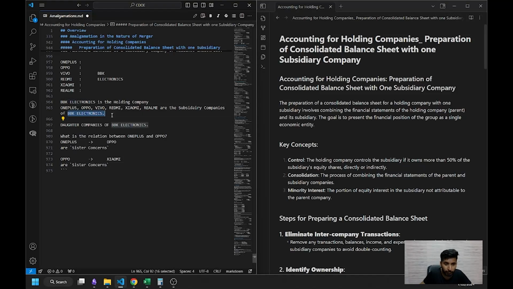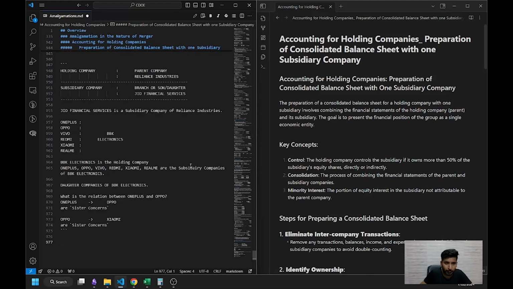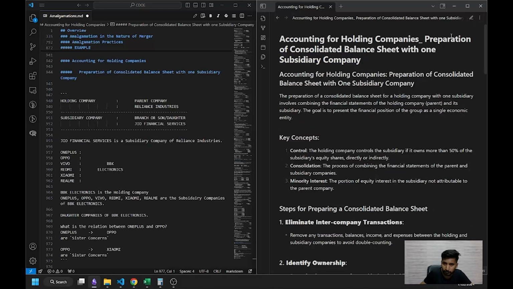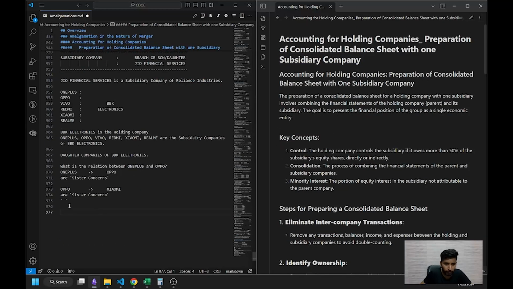However, BBK Electronics and Oppo have a father-daughter relationship. So this was just a quick example to make you understand what a subsidiary company and a holding company are. I hope you have understood it.